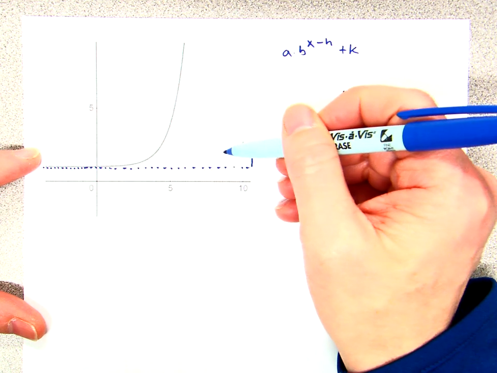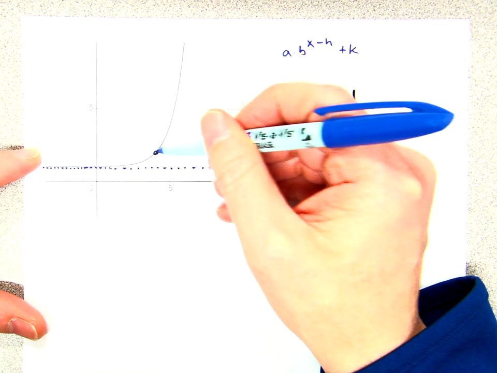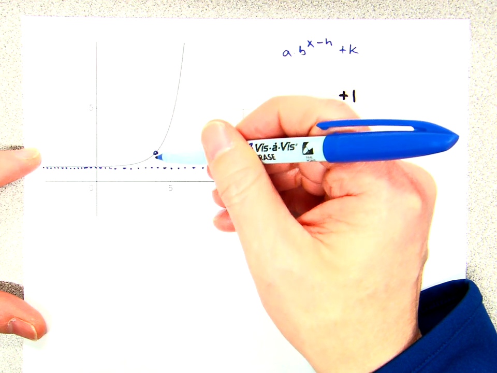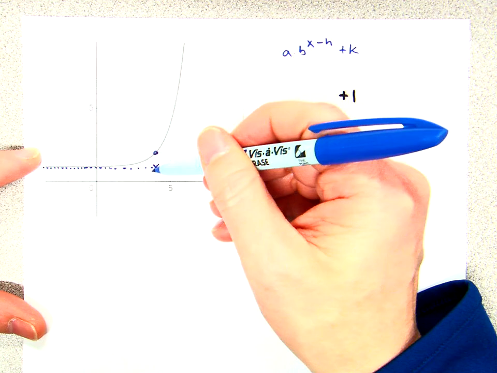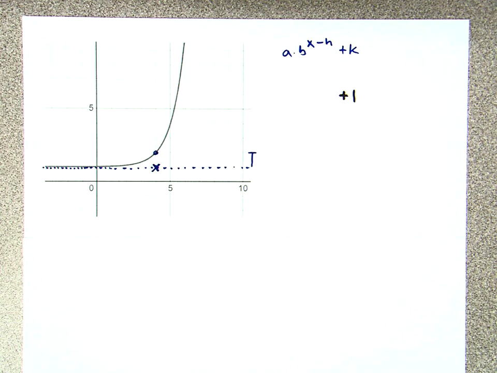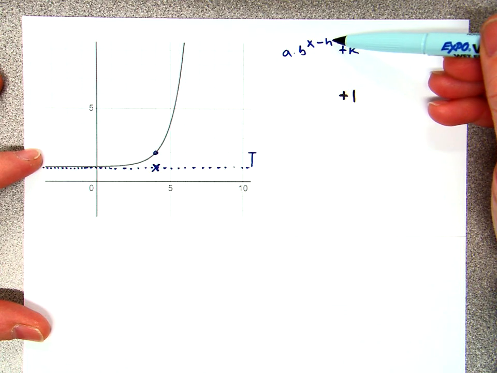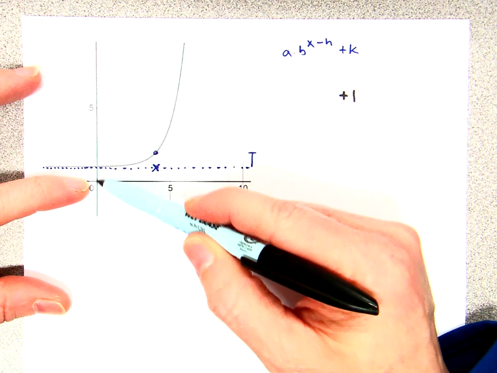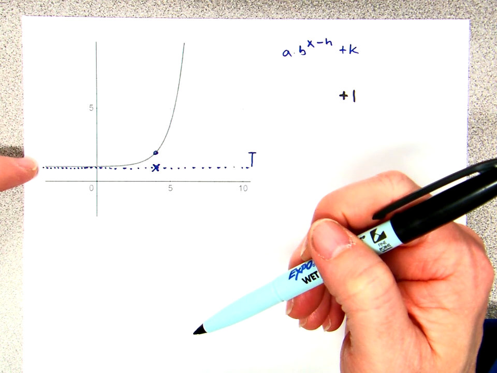As we move along, we're going to wait until we hit the function at 1, which is here, which means the new origin, if we shift it horizontally and vertically, would be 1 unit up from this initial point. So here would be our new origin. That's going to give us our shifted value left or right, and our shifted value up or down. We knew that it was going up because we can see pretty obviously where the horizontal asymptote is.